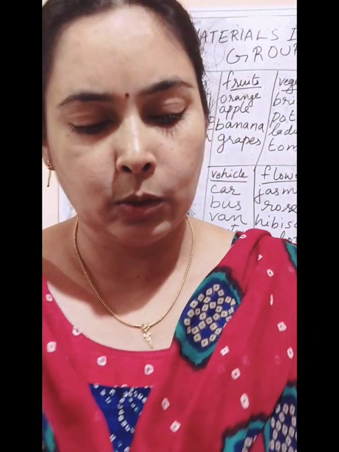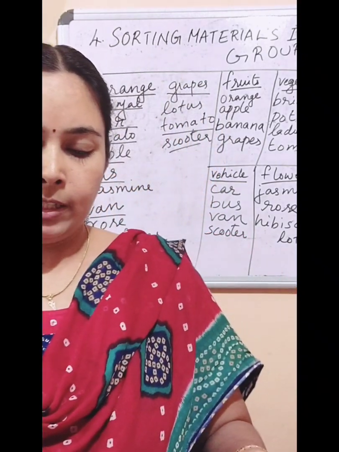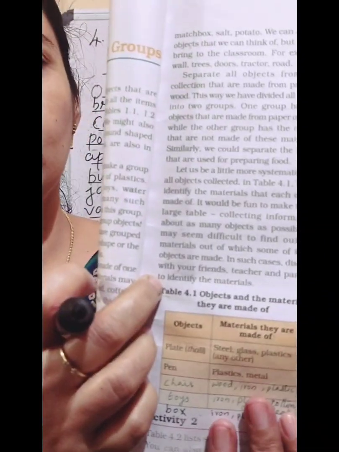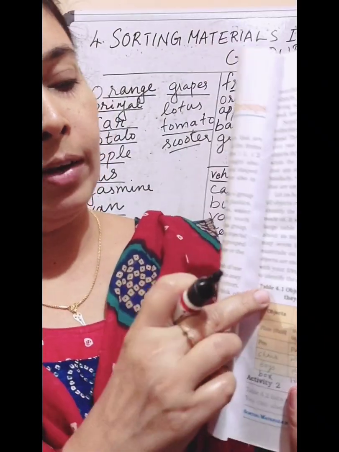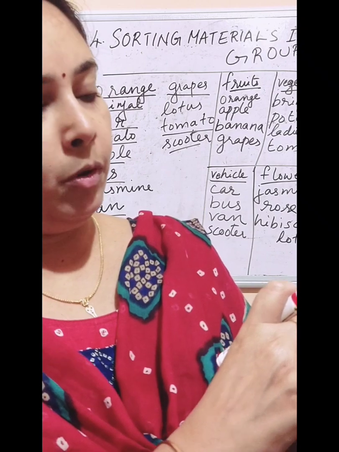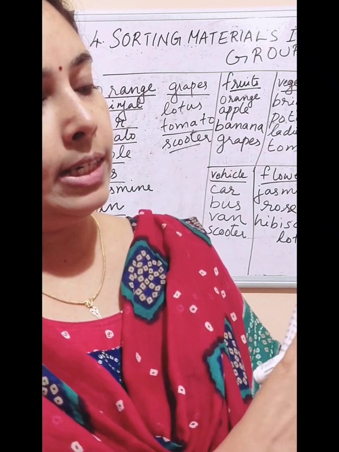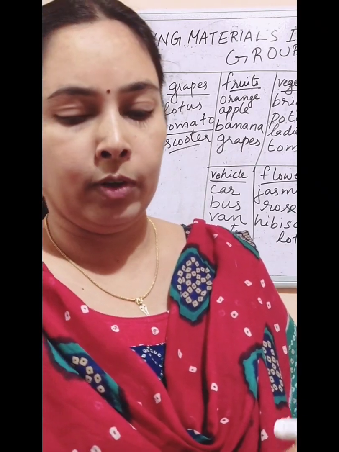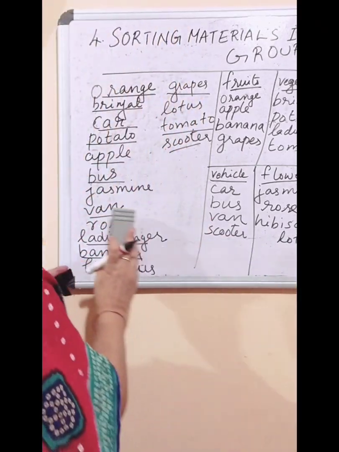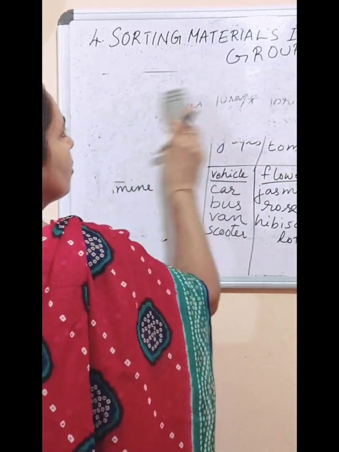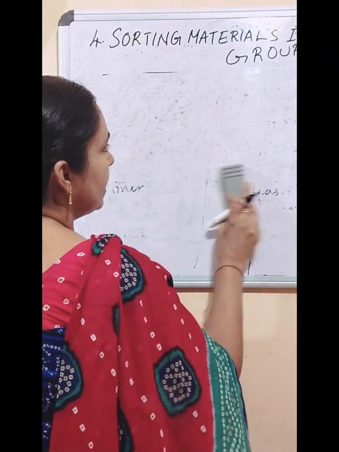And in your textbook, that is in page number 27, table 4.1. So in this table 4.1, you can see two columns. In first column, names of some objects are given, and in second column, materials that they are made of. So they are made up of which materials, that is written in the second column. So first column, which are the objects given?